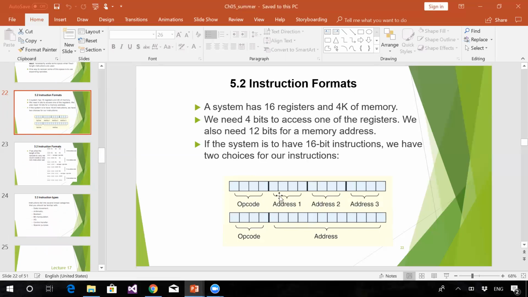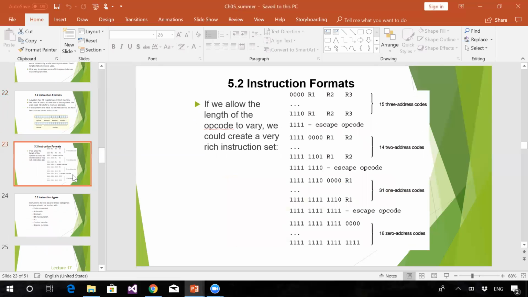But in reality, there can be one opcode and then several addresses, because you have seen there are three address and two address instruction set architectures too. Then we also mention we can allow the length of the opcode to vary. Then we can create a very rich instruction set.